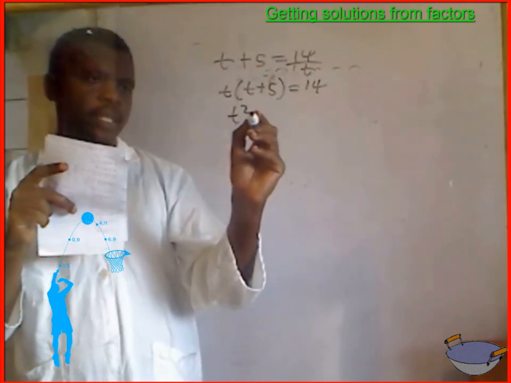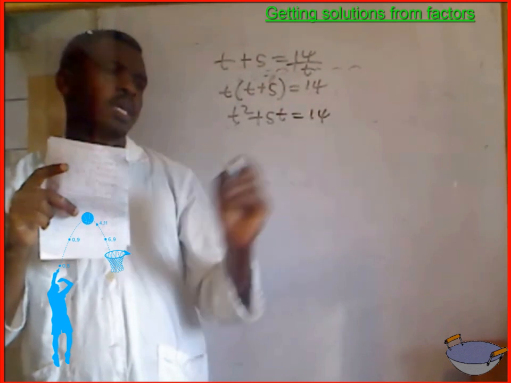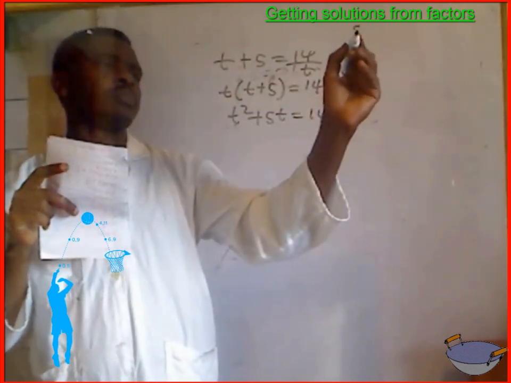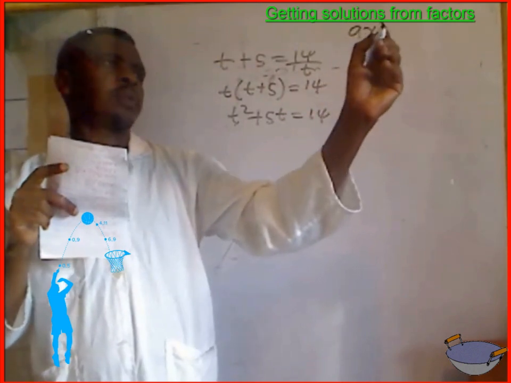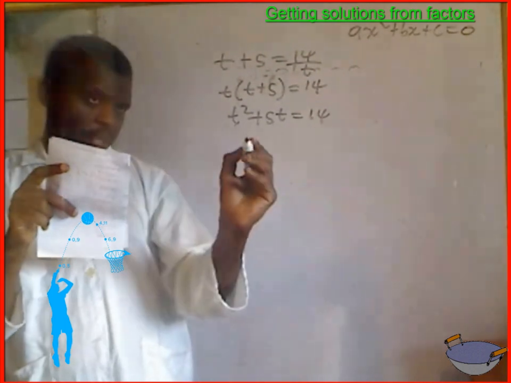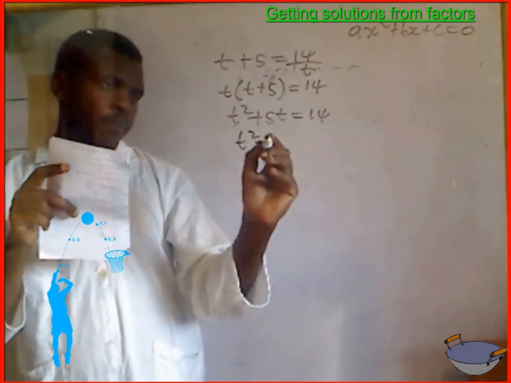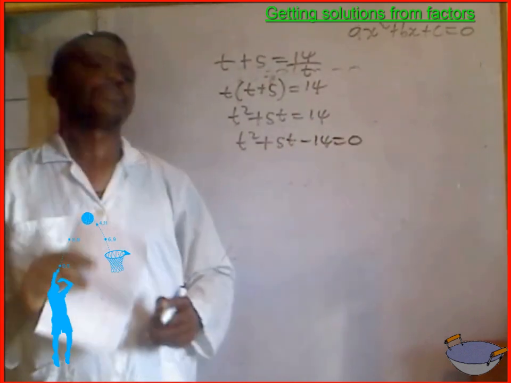This is t squared plus 5t is equal to 14. I have to put this in the form ax squared plus bx plus c is equal to 0. So this will be t squared plus 5t minus 14 is equal to 0.